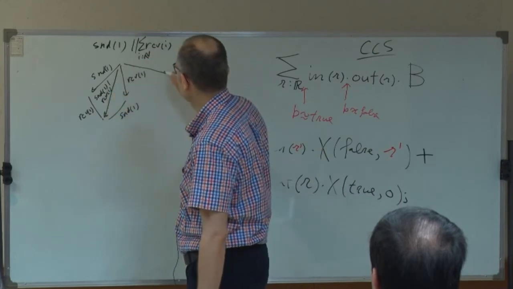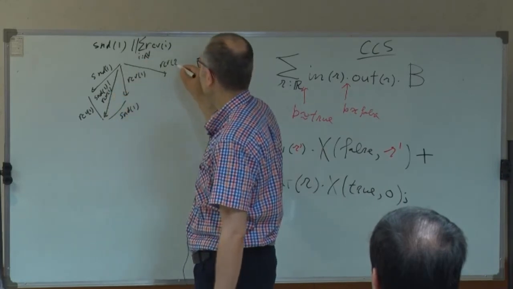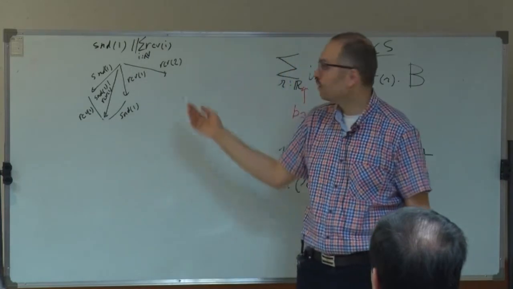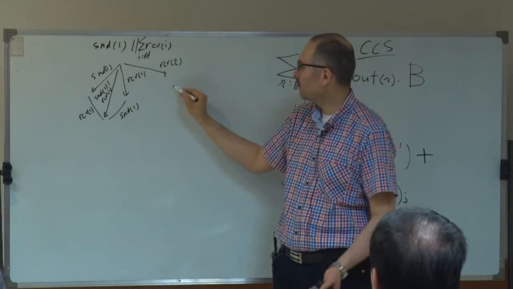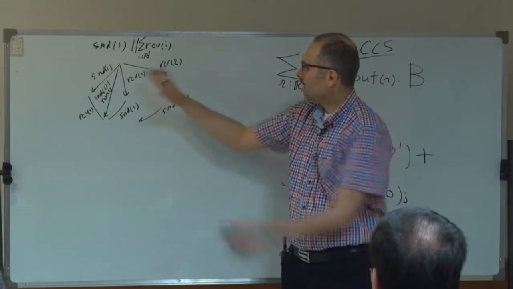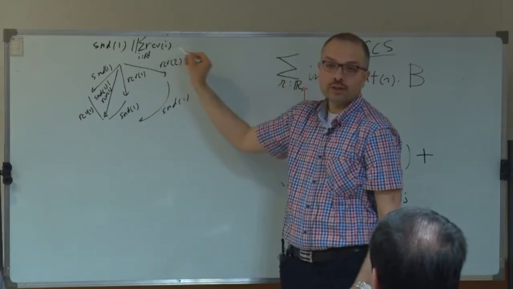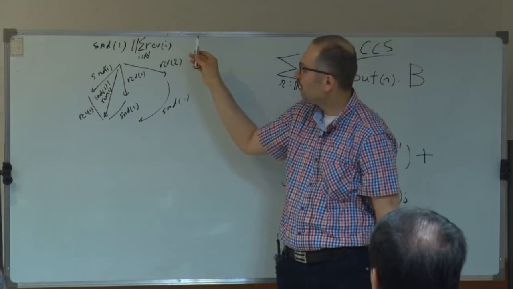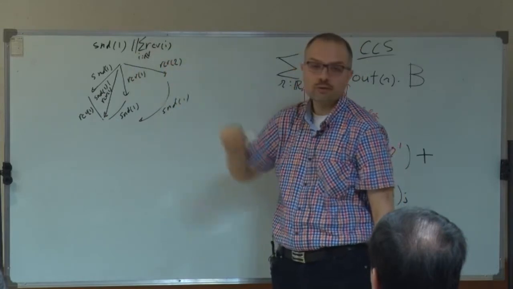But it can also, for example, do a receive 2. Well, no one has sent value 2 to this process, right? And then it can send 1 afterwards. There are all sorts of diamonds with all sorts of values here, right? There is no way that you enforce them to talk on the same value, right?